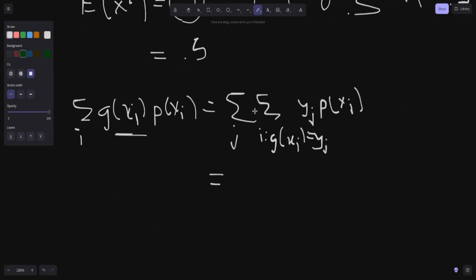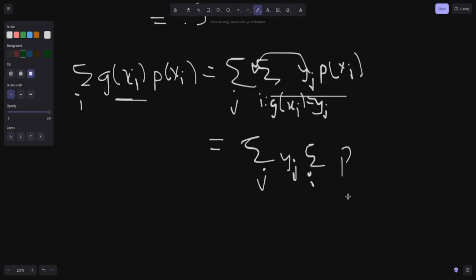Now, since this is a j variable thing, I can pull this thing here and keep the i variable thing here. So I'll keep summation over j of yj, summation over i of p(xi). Okay, and when you do this, what is this? This becomes summation over j of yj, and what is the value of i?